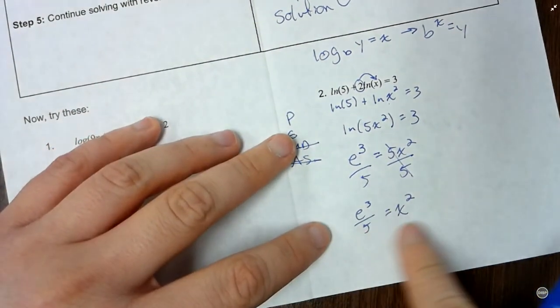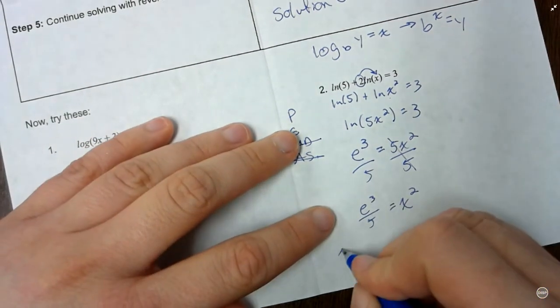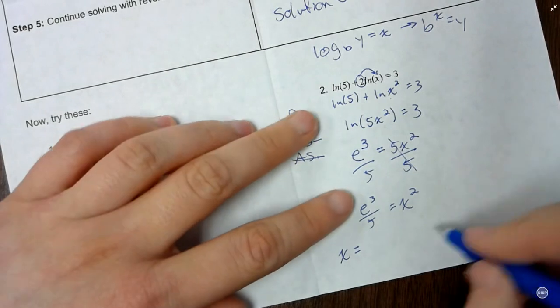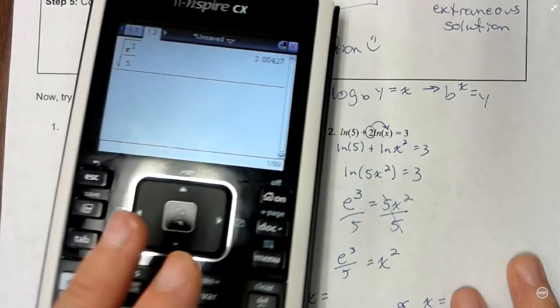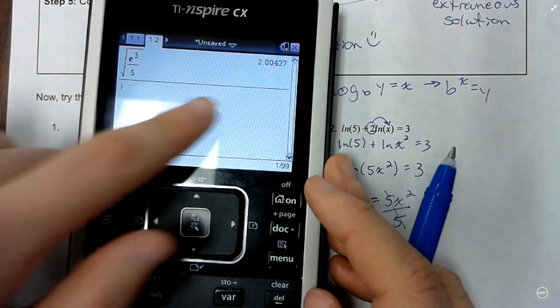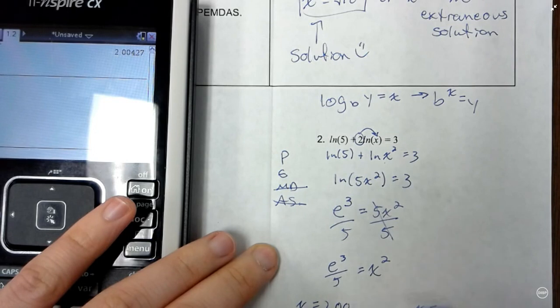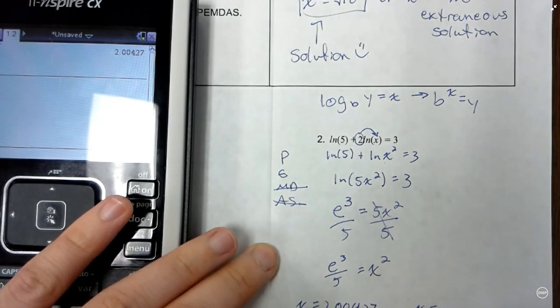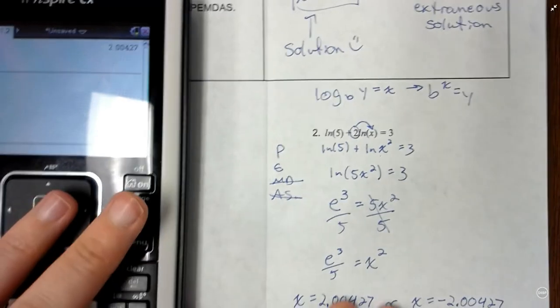Now I'm going to put that in my calculator and get an estimate for it. So x equals something, or x equals something else. So I put that in, and remember you do have a plus and a minus, so I get 2.00427 or negative 2.00427. Oh, you can't see what I wrote.